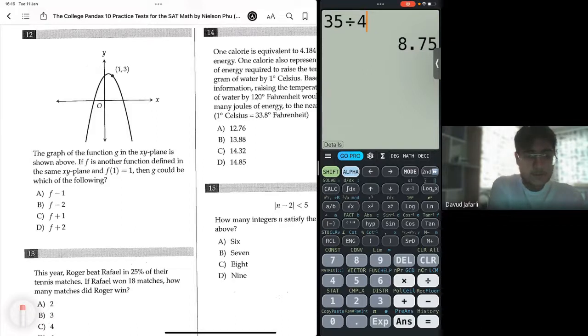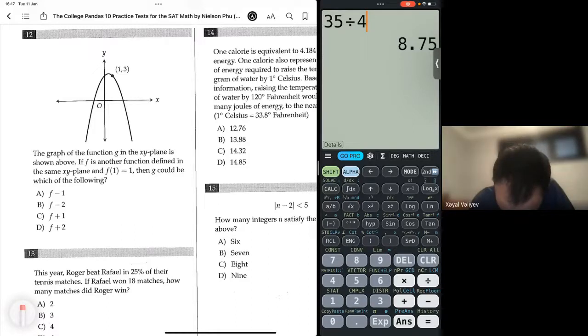If f is another function defined in the same xy plane and f(1) equals 1, then g could be which of the following?